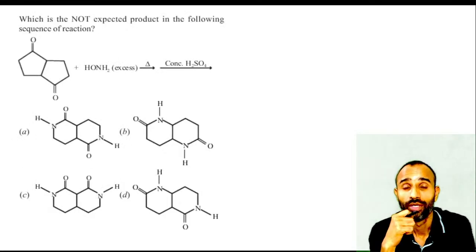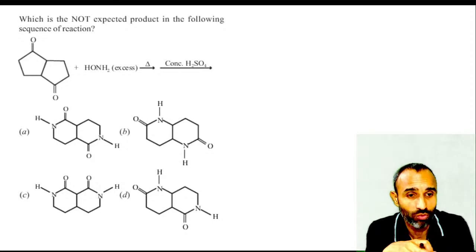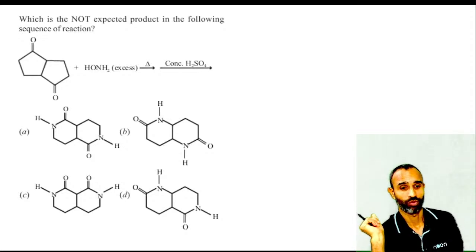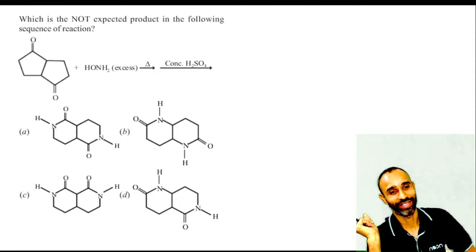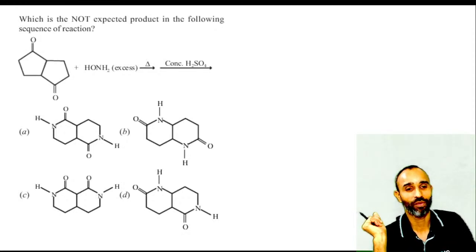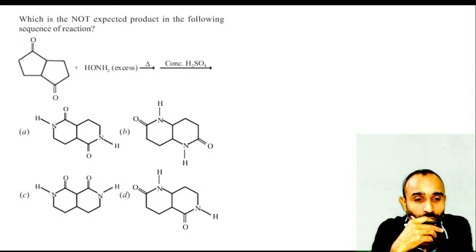Next: which is not the expected product in the following sequence of reactions? First of all, we have hydroxylamine, NH2OH, and that is in excess.